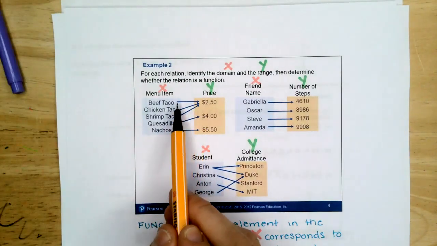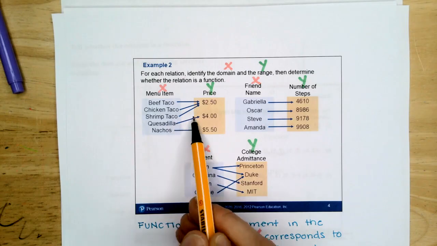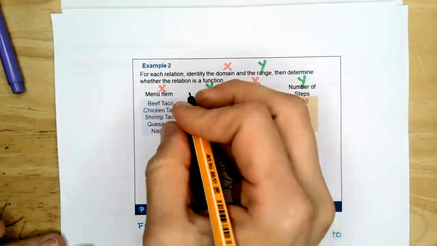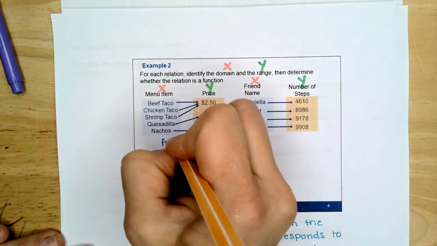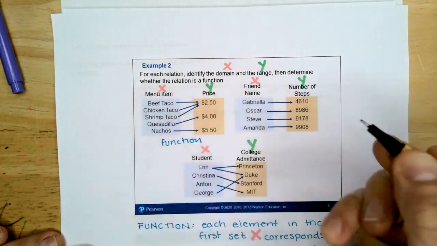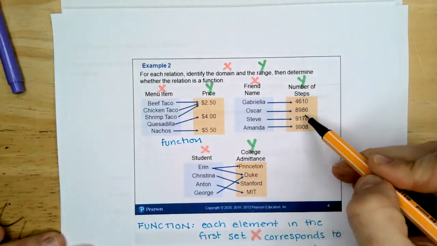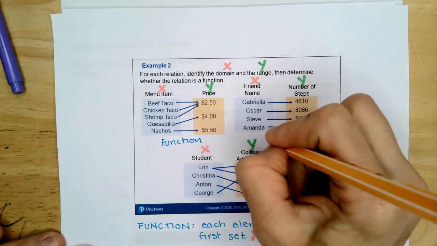This is mapping to 1 y, 1 y, 1 y, 1 y, 1 y. So we're going to say that that is a function. Here, x has 1 y, this x has 1 y, this x has 1 y, this x has 1 y. This is also a function.